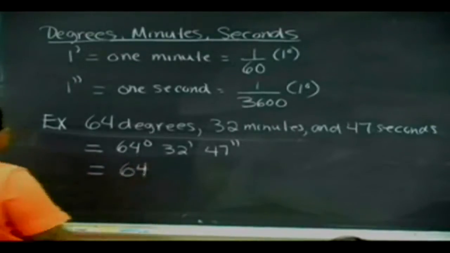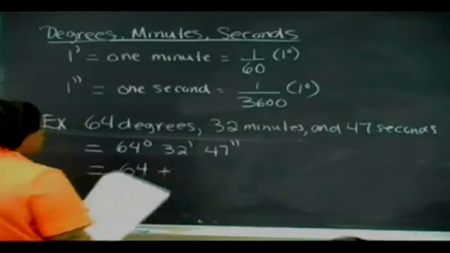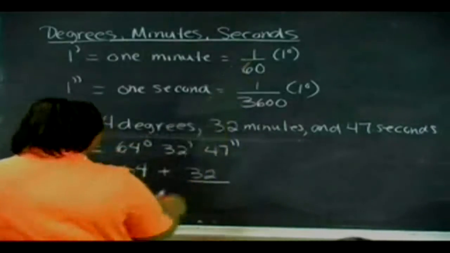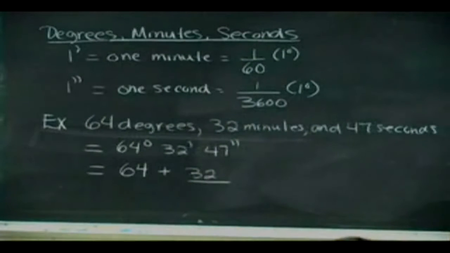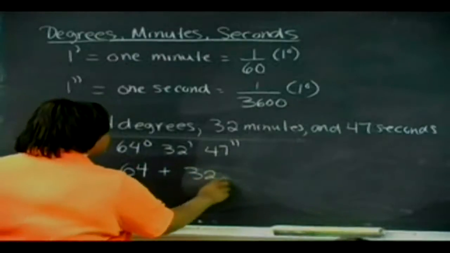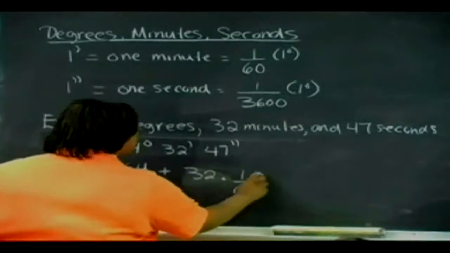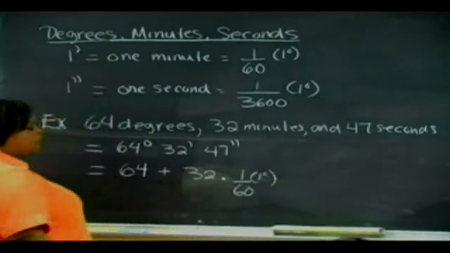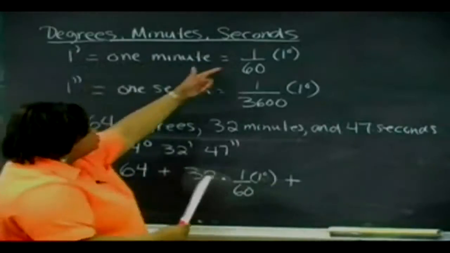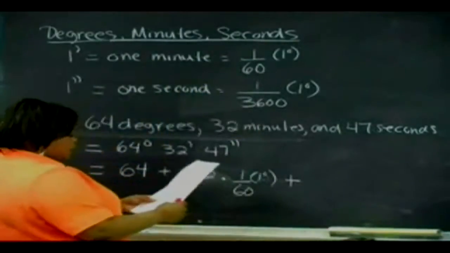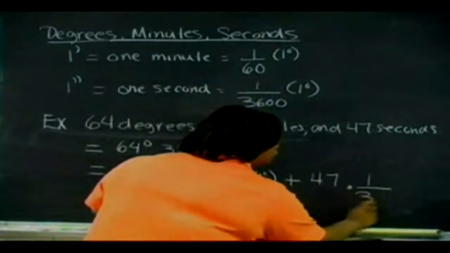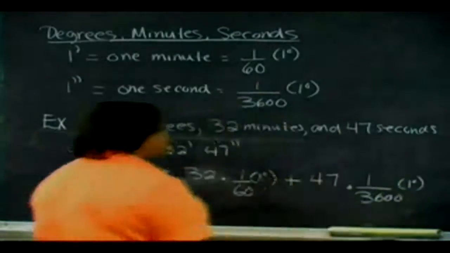Well, we want the 64 degree portion. Then we have our 32, and we say 32 times 1/60 of 1 degree, because this is how we translate the minutes, plus our 47 times 1/3600 of 1 degree.